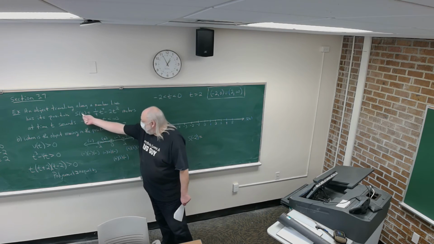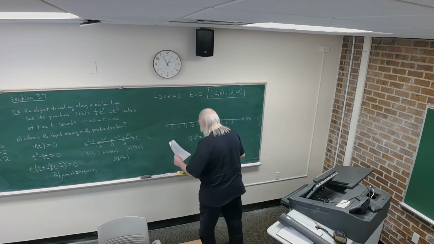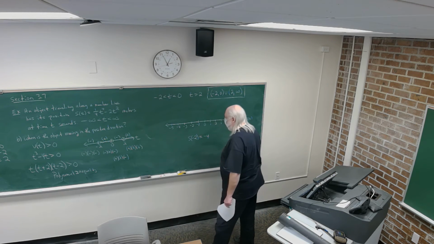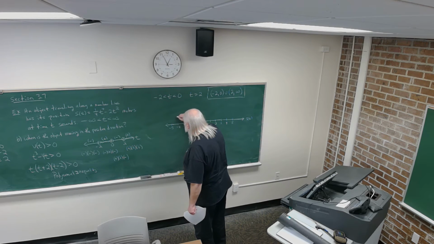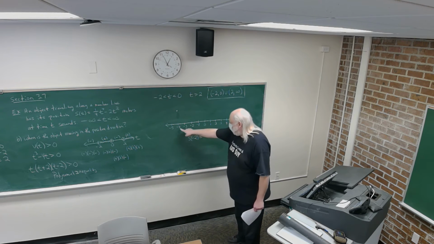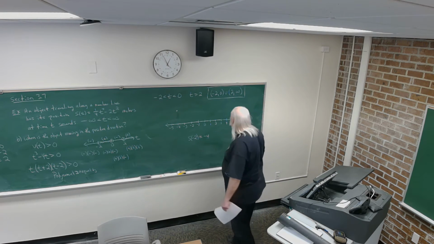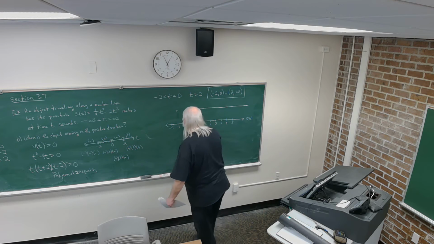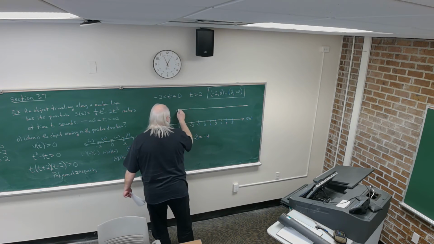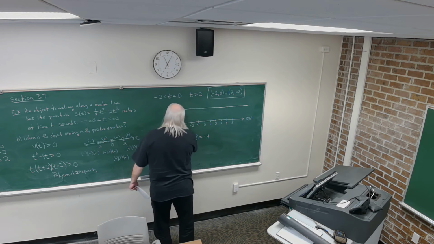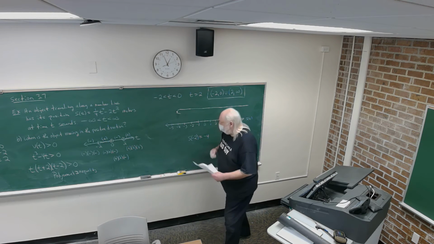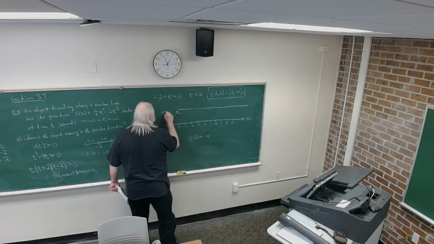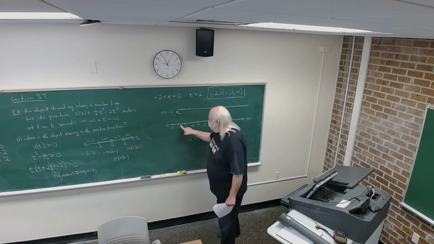Putting in -2 for t here, we have s of -2 is equal to -4. So at t equals -2, the object is at -4 on the number line. So it started here at eternity past, and at t equals -2 it was at -4 on the number line.